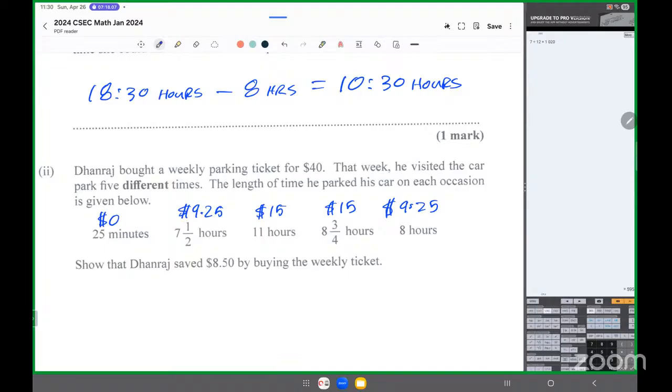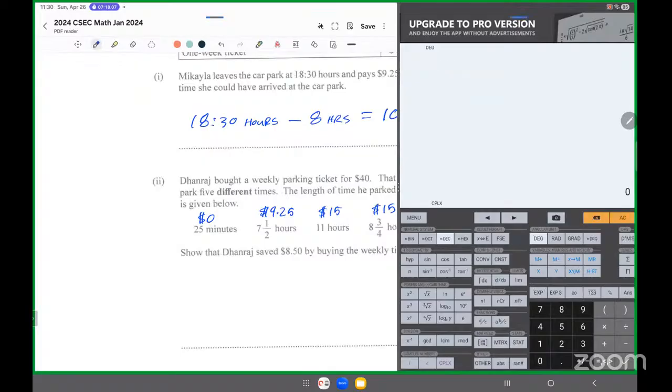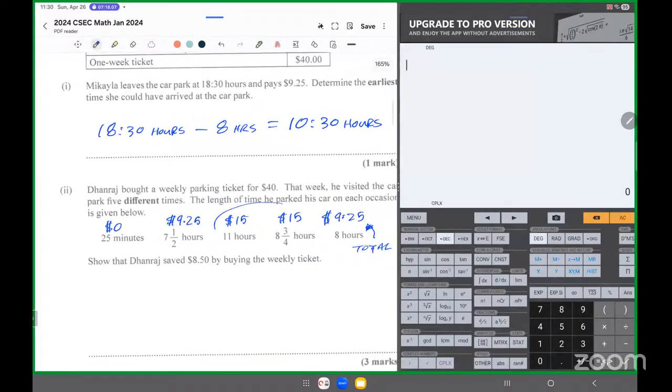All right? And this total is what? They don't give a lot of space to work, but that total, if he was parking, if he was paying each time, would be 2 times 15 plus 2 times 9.25.